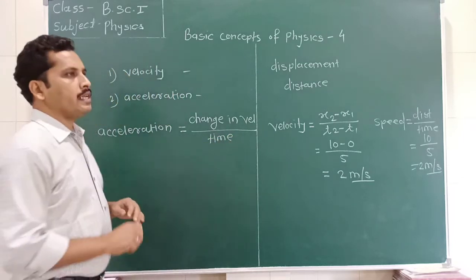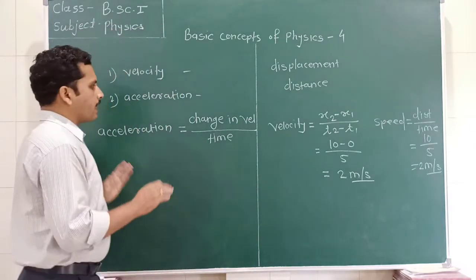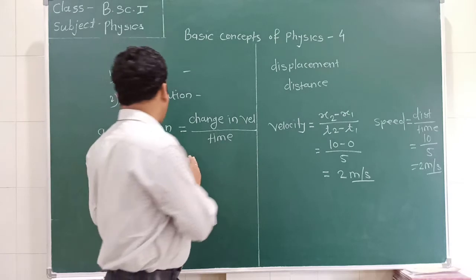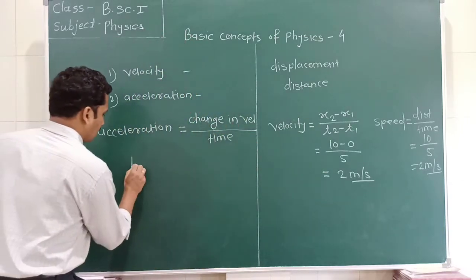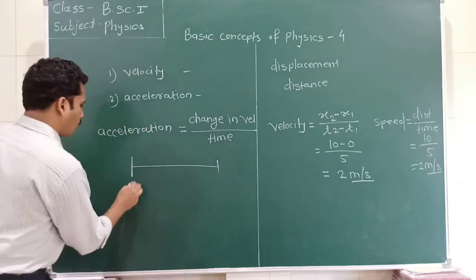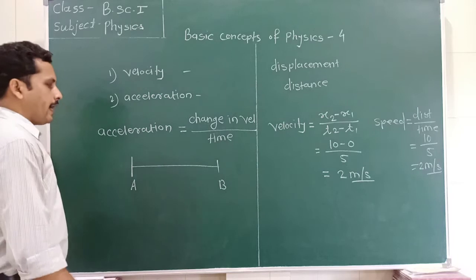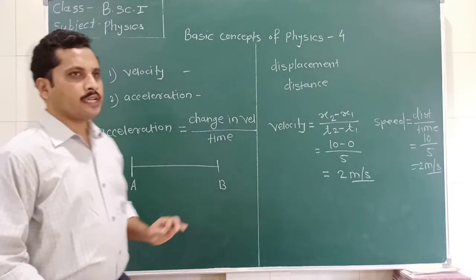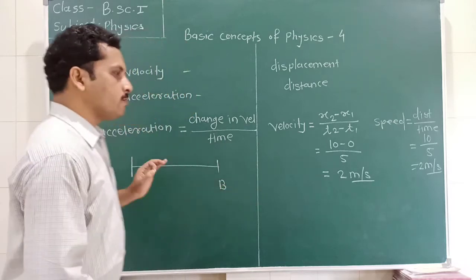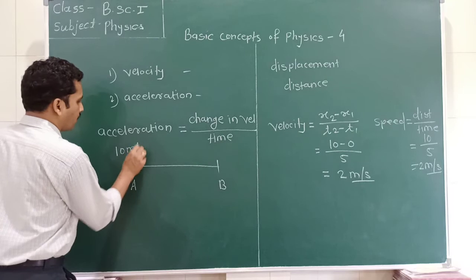So how can we calculate or explain acceleration? Look here. Consider two points, point A and point B, and suppose that at point A an object or a particle is moving with a velocity of 10 meter per second.